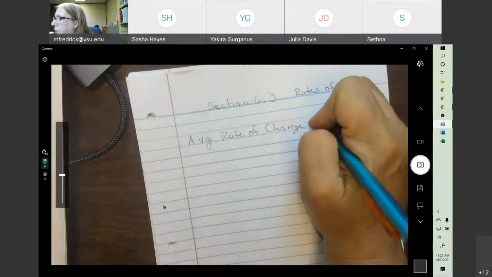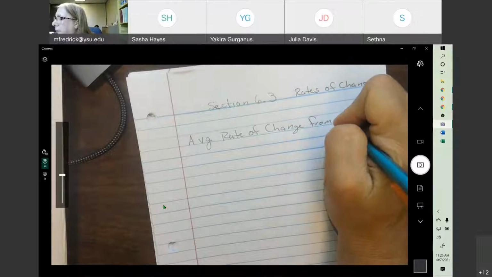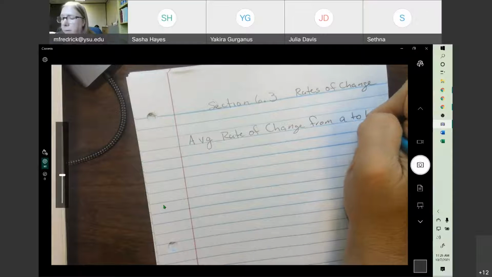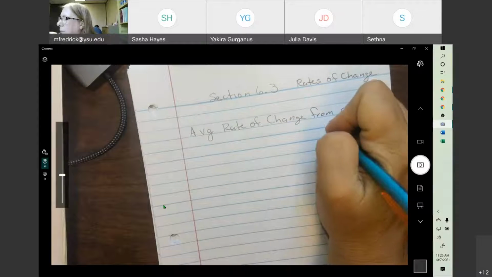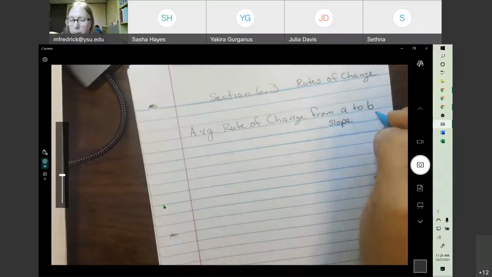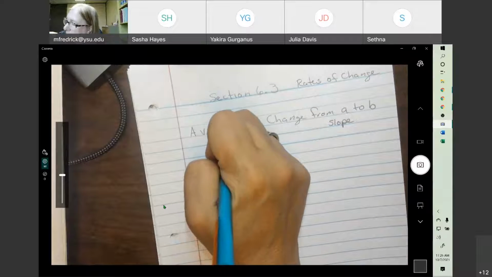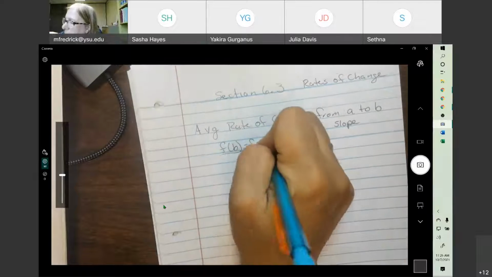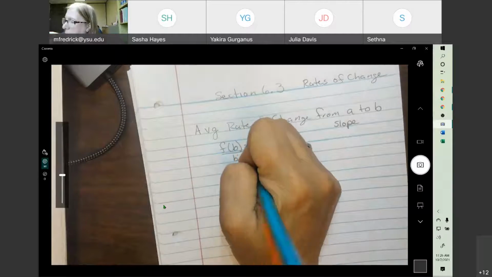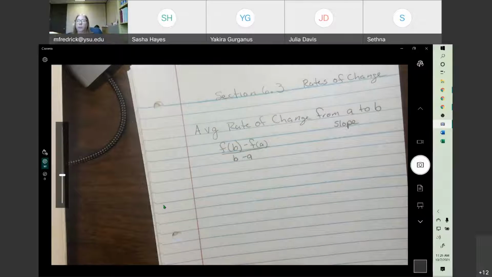Between 2 points, so from A to B, this is your slope. It's f of b minus f of a over b minus a. Or if you want to find the y values first, use your slope. It's y2 minus y1 over x2 minus x1.